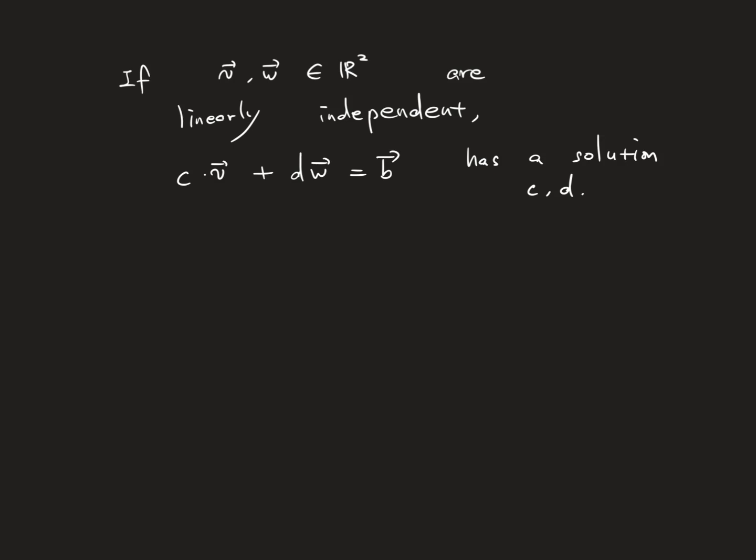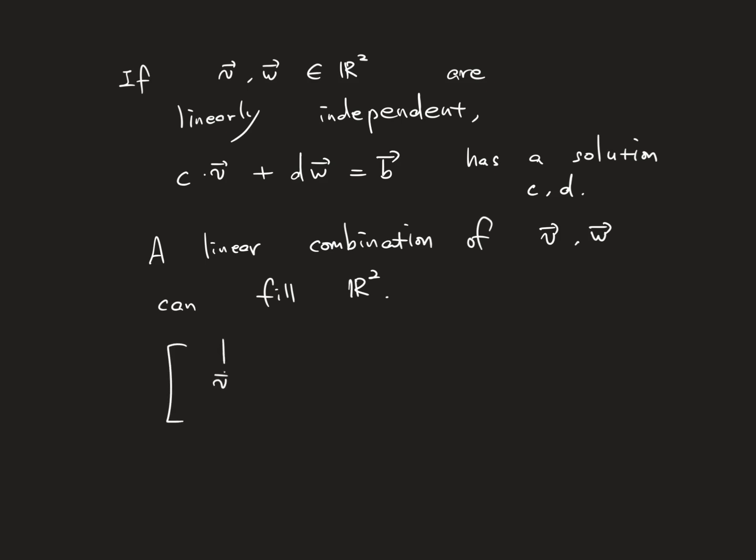The reason is that a linear combination of V and W can fill R2. So that's why we have a solution.